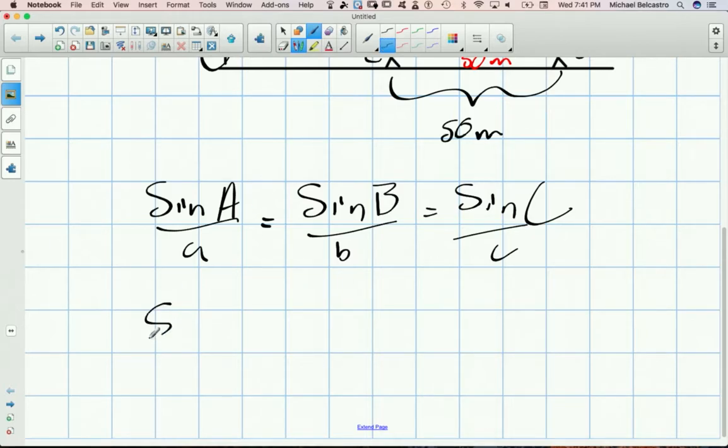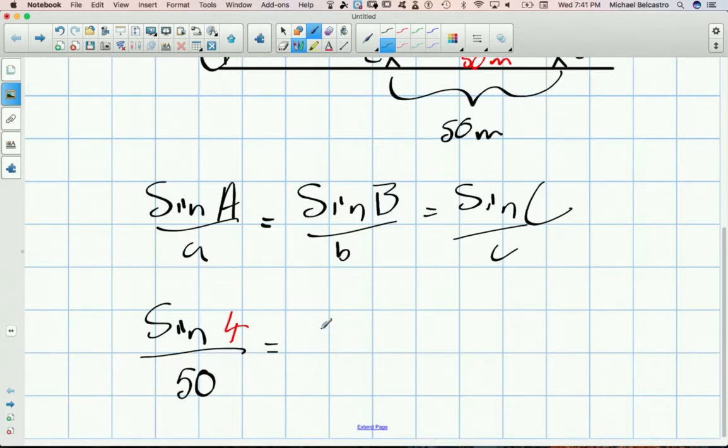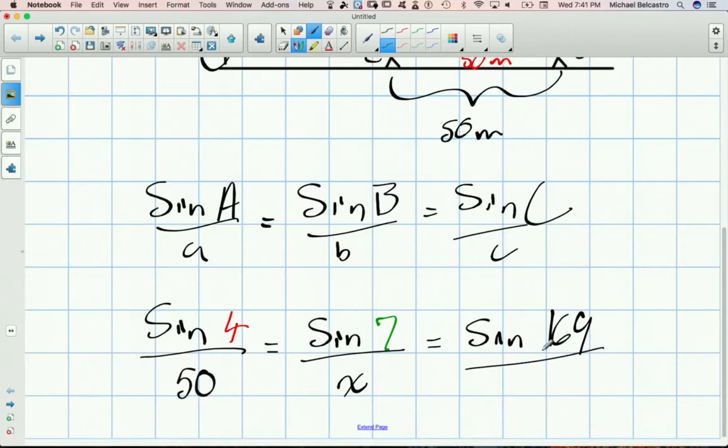So this becomes sine of 4 degrees divided by 50 meters is equal to, and for simplicity's sake, we'll call this side B. So side B is what we're trying to find, and the opposite angle is 7 degrees. So sine of 7 degrees divided by side B, or x in our case, is technically equal to sine of 169 degrees over side C.